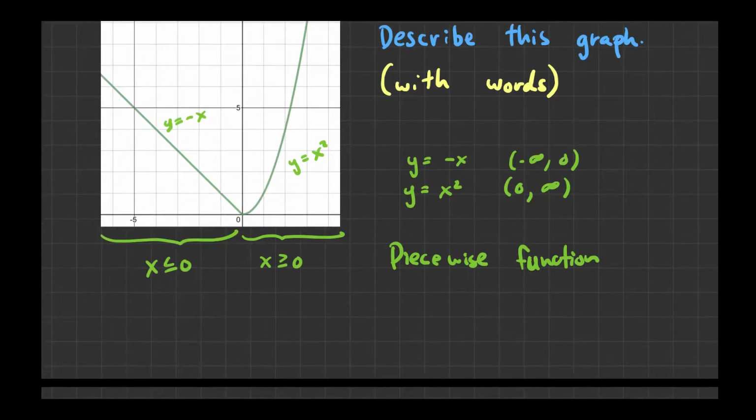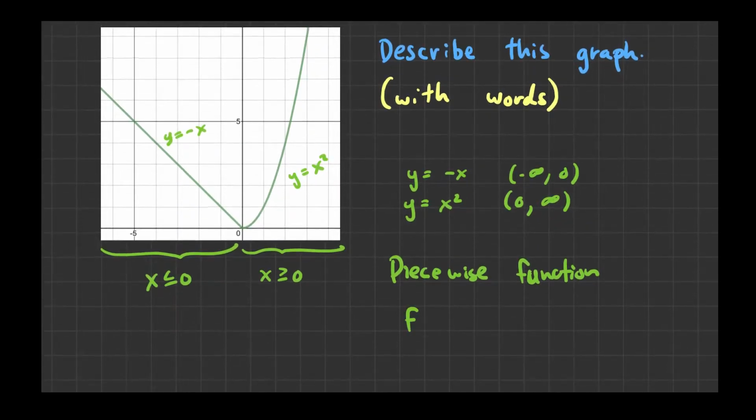Okay, and the way we would write this piecewise function is in the following way. We would say that f of x is equal to, well, it's equal to two things. So we use these nice little curly brackets, and then we write it in two rows, one on top of the other. Typically, we start the first row with whatever is coming in on the left.